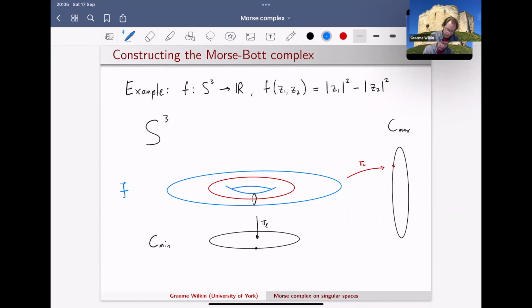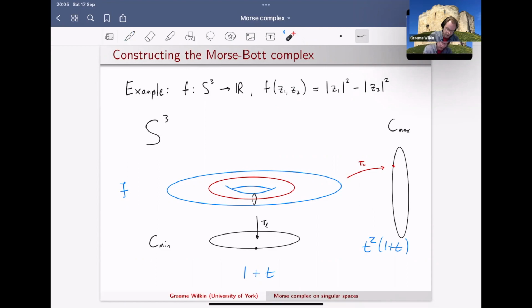Down here, if you look at the Poincaré polynomial, we've got dimension 1 in dimension 0, and then dimension 1 in dimension 1. And then up here, the contribution, the index is 2, and then the Poincaré polynomial of the circle looks like this.